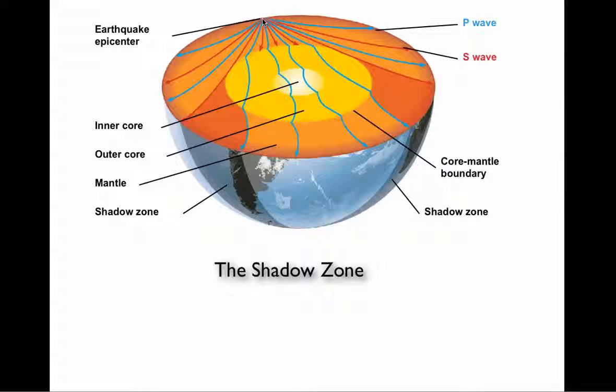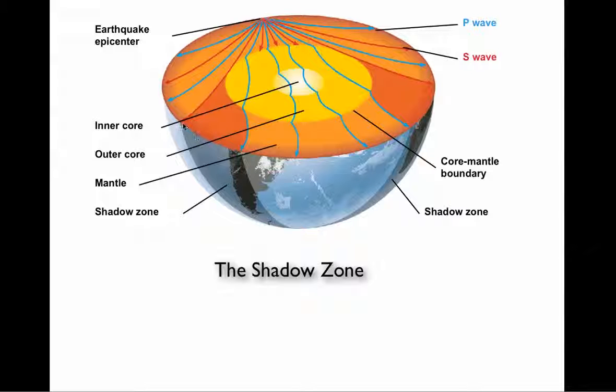Now, as the seismic waves go through the mantle and hit the outer core, P waves really get bent. Then as they come back out and go into the mantle again, they get bent again. So what happens is the P wave coming right here and just missing the outer core goes right there. The P wave right next to it, which just barely hits the outer core, ends up getting moved.